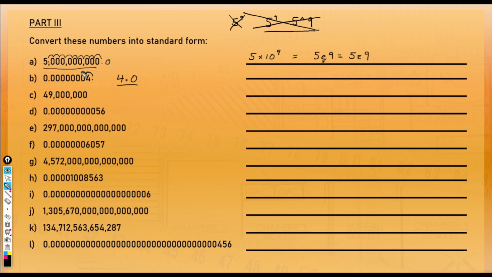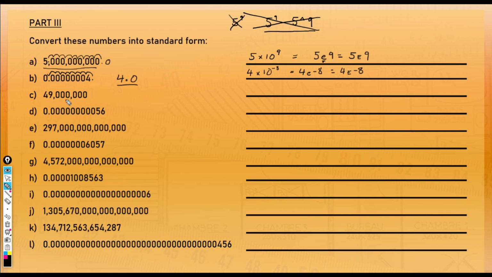And this is 1, 2, 3, 4, 5, 6, 7, 8 orders of magnitude. So obviously we're turning a small number into standard form, which means we're going to need negative exponents. So in standard form, this number is going to be 4 times 10 to the negative 8, or 4e minus 8, as it would be written in this alternate form.